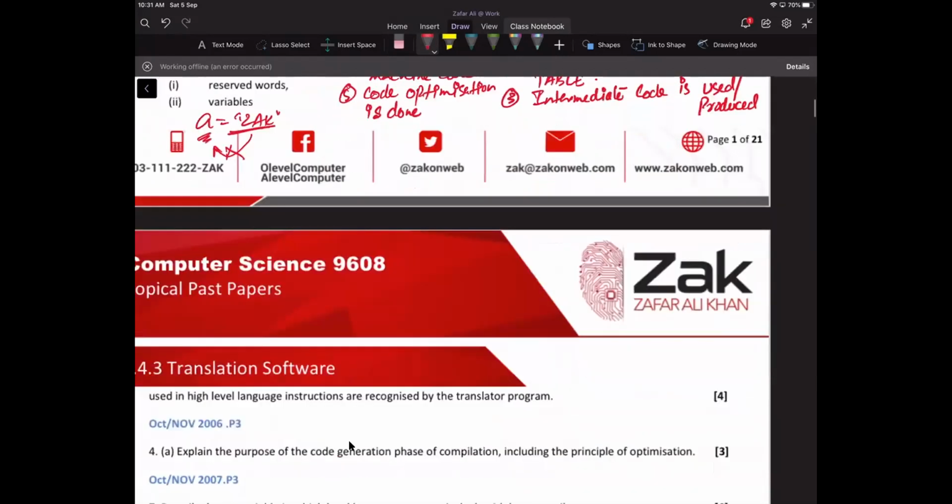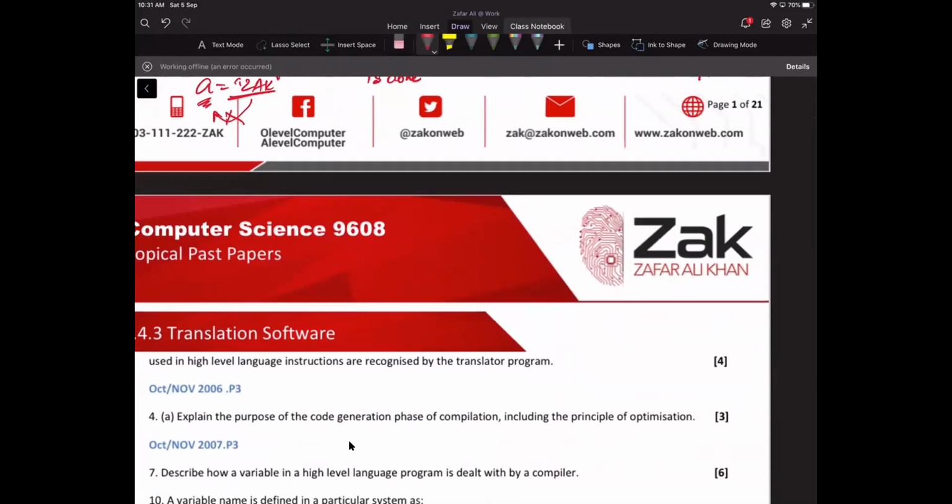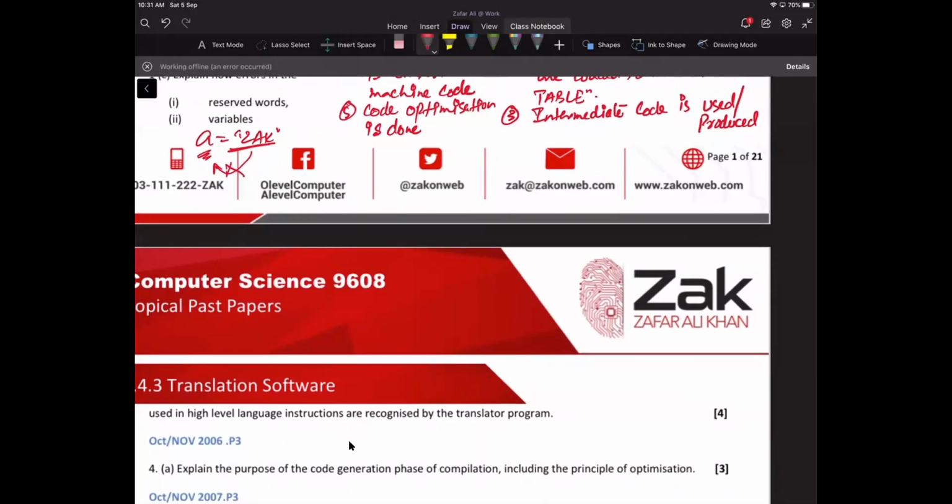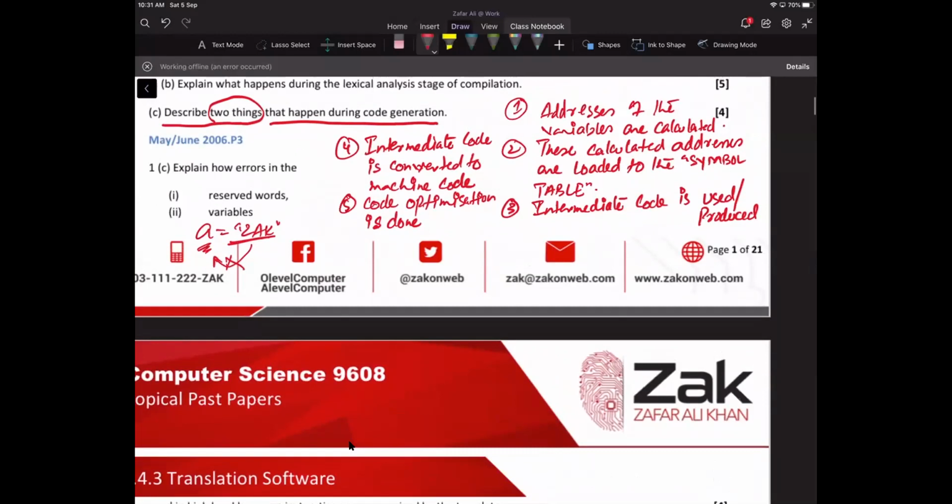So this question was actually a generalized question: what happens when there are errors in reserved words or variables in a high-level language. Reserved words are checked against the keyword table, and if they are not found, they are put in the symbol table by some compilers. If compilers are made the other way, then reserved words not found in the reserved word table will be treated as an error.